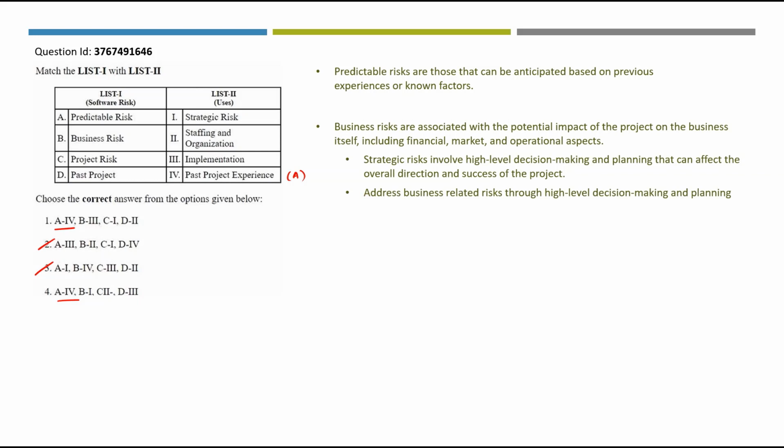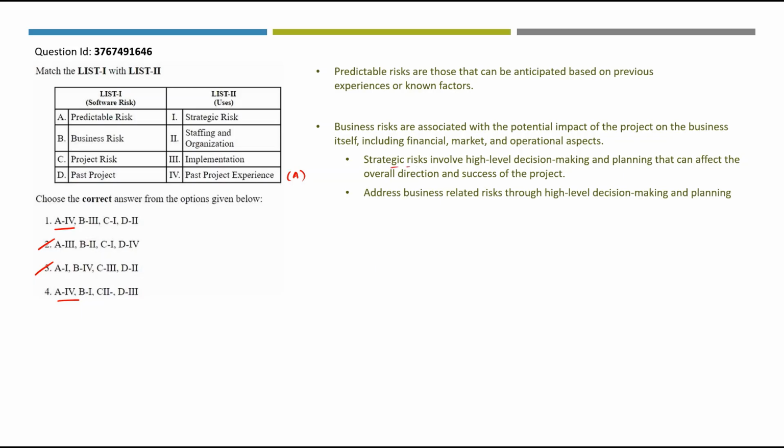What about business risks? Business risks are associated with the potential impact of the project on the business itself. That includes financial, market and operational aspects. Strategic risks involve high-level decision making and planning that can affect the overall direction and success of the project.